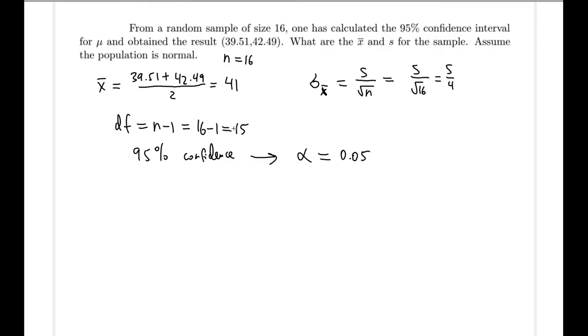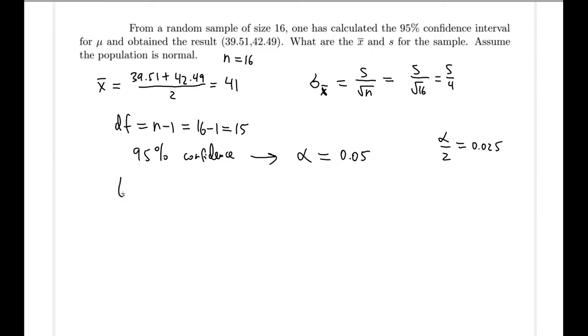The t-distribution is also symmetric, just like the z-distribution, the normal distribution that we've seen before. So we're interested in alpha over 2 because of the two-tailed nature of the confidence interval, and that should be precisely 0.025.